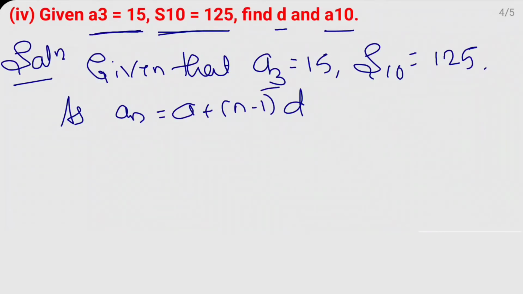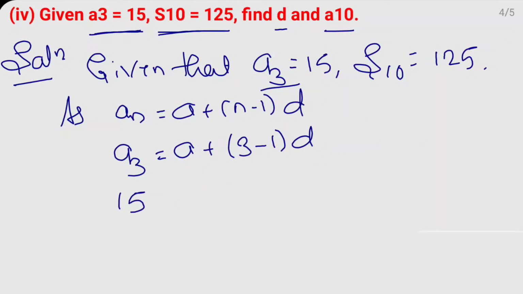So here they have given third term, so a3, n is replaced by 3, so a plus 3 minus 1 into d. Is it clear? So now here a3 is 15 and this equals a, we don't know, keep as it is, plus 3 minus 1 is 2d. So call this equation 1.